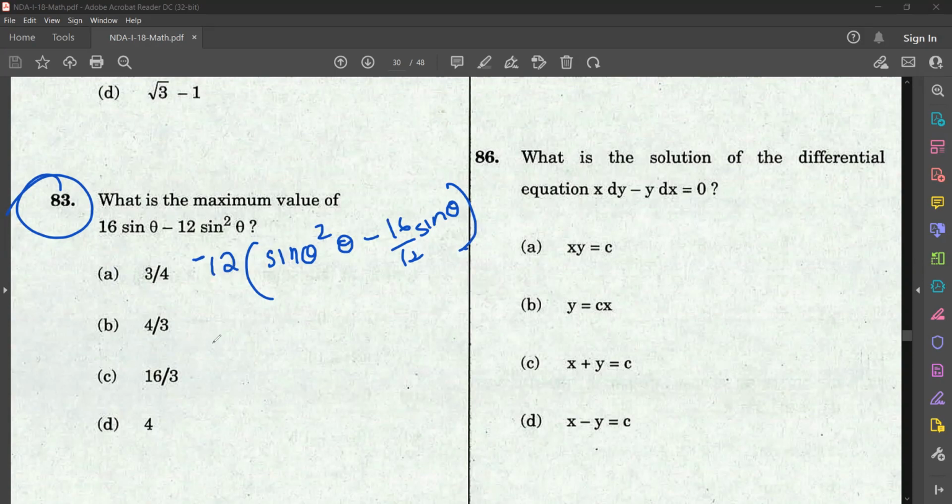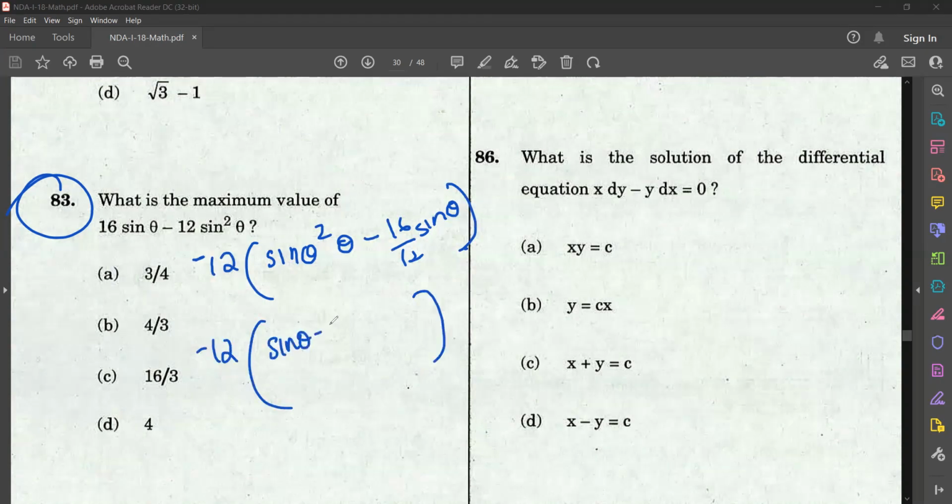So I'm just doing a rearrangement here. I'm going to write this entire thing as negative 12 into sin theta minus 2 by 3 the whole square, minus 4 by 9.